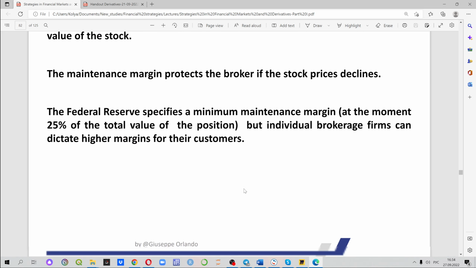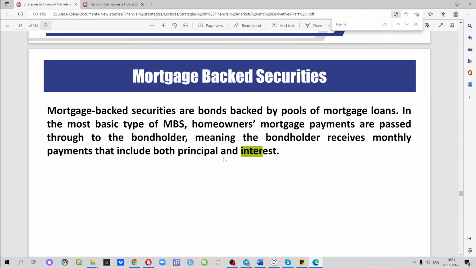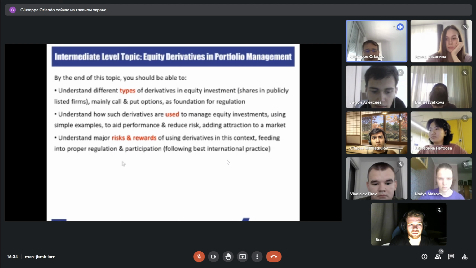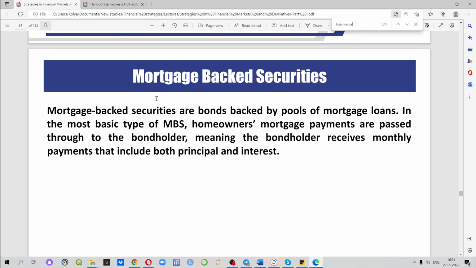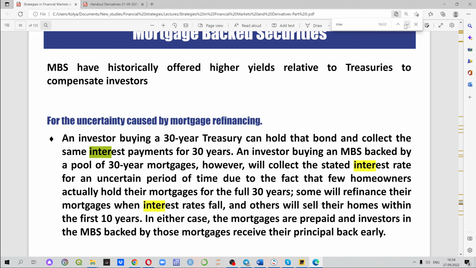And then we would like to know what the major risks and rewards are in using derivatives, and then what the possible implications are in terms of regulation and participation, in the sense of following best international practice.